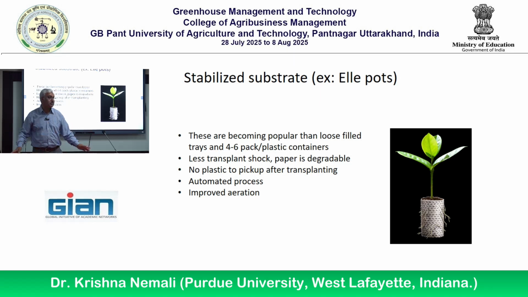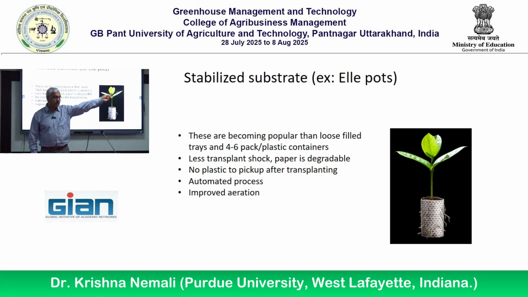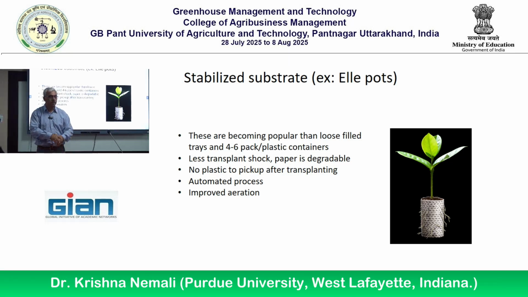The advantage is this: using this, you can prevent the transplantation shock. So you get slightly faster growth in the first 4 or 5 days with these Elay parts. It's called stabilized medium. You directly sow in it, and when you feel that the seedlings are at enough of a stage, you take them and put them wherever you want. No need to separate, remove, take the seedlings and transplant them. You can prevent all of that.